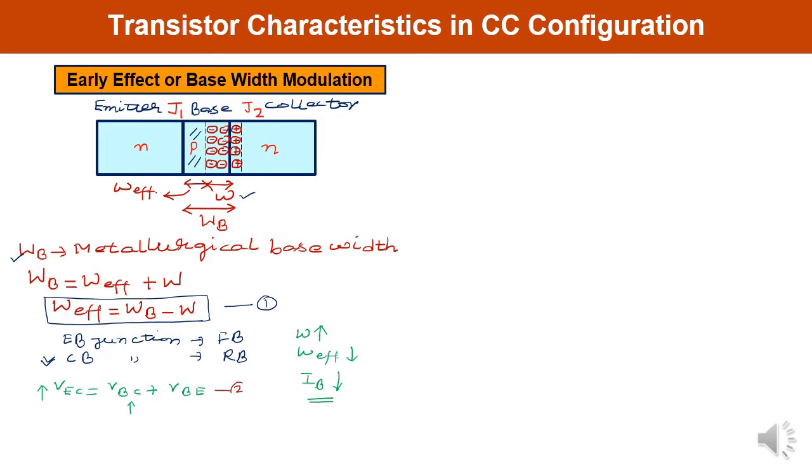At the same time, from equation number 2, you can observe as VEC is increased, VBC will also increase. It means here IB will decrease.